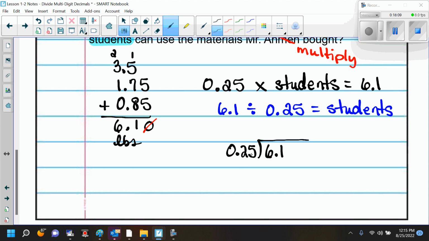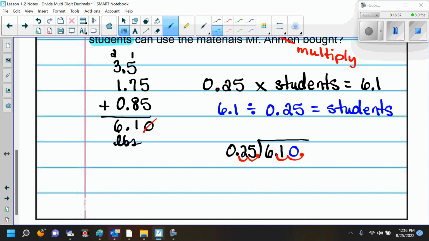So now we move the decimal in the divisor 2 times to make it a whole number. So that means we need to move the decimal in the dividend 2 times to make it match up. So here, I don't have a 0 here, so this is where we need to annex the 0. Okay? And now you just divide like normal.